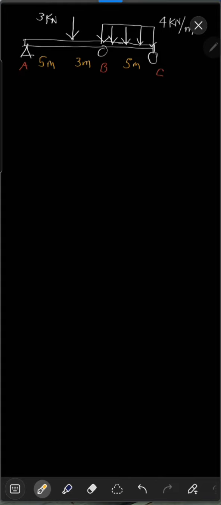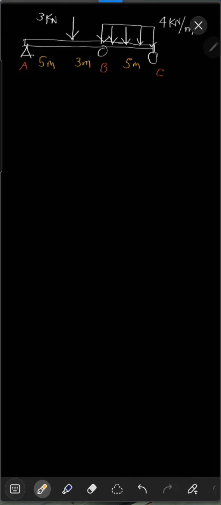Isagun sa pang method imong gamiton, 3 moment, area moment, or sa paman fixed end moment, moment distribution. So 0 gyapon na ang sa simple support. So imong aim is to compute the internal moment B.